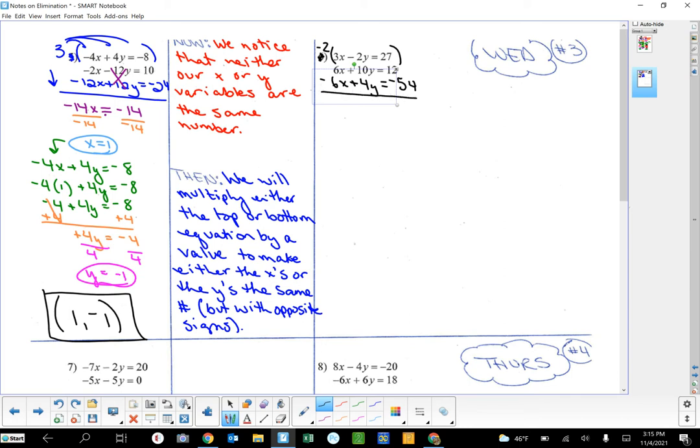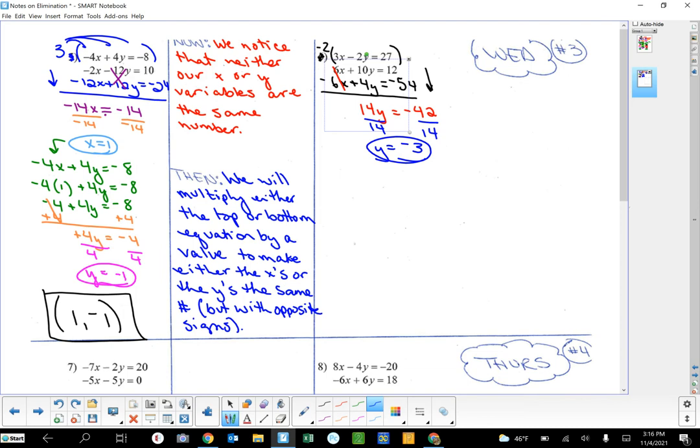All right, so now I'm going to add down, change my color here. The 6x's will disappear, and I'll have a 14y. And 54 minus 12 is a 42, and that's going to be negative. I'm going to divide that by 14, and 14 goes into 42 3 times. So my y is negative 3.